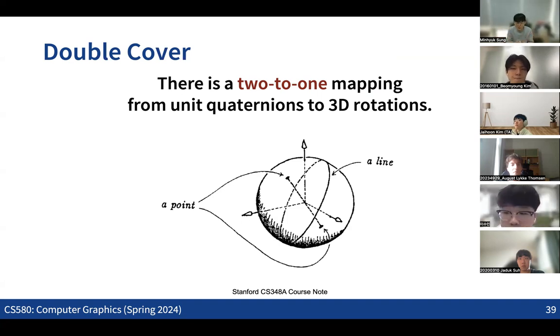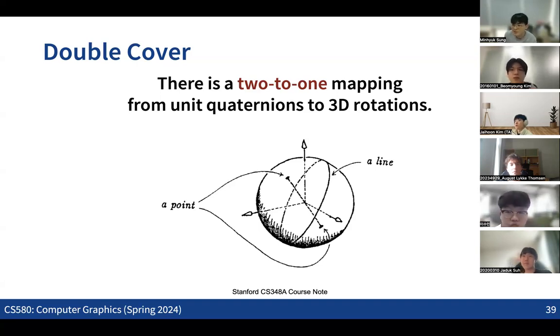So we can also see a 2-to-1 mapping between the points on the 4-dimensional unit sphere and the 3D rotations. Especially the antipodes, the opposite points on this imaginary 4D sphere, correspond to the same 3D rotation.